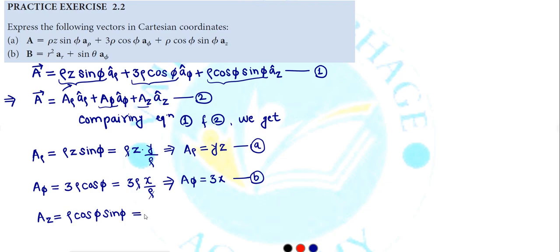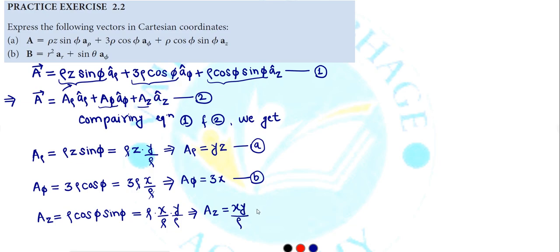If you observe the upper two values, cos phi is x upon rho and sin phi is y upon rho. Here this rho and this rho get cancelled out. So what is left is A z equals xy upon rho.